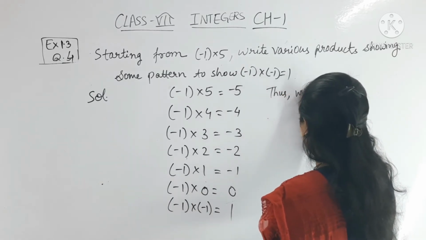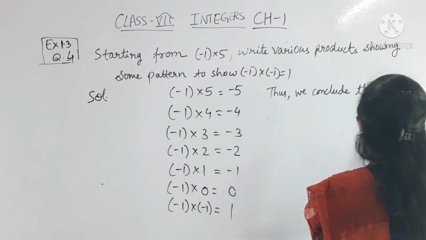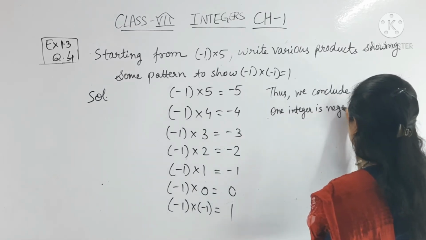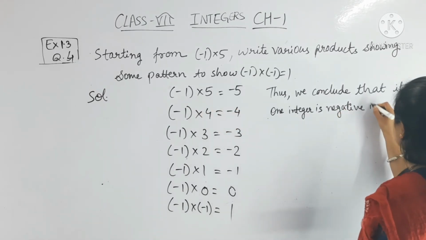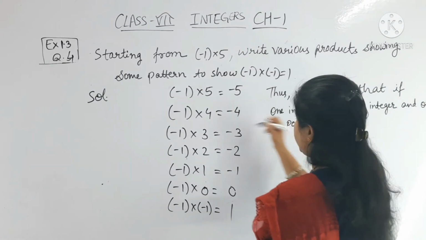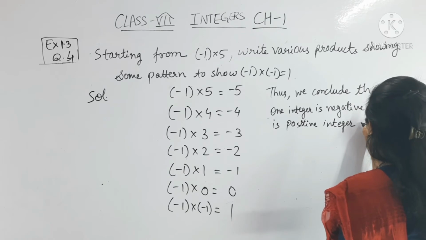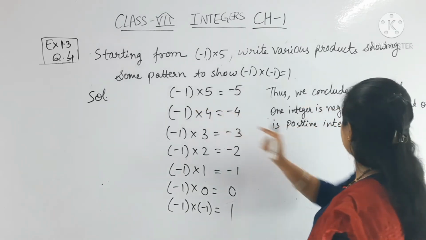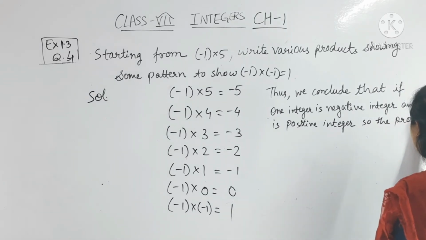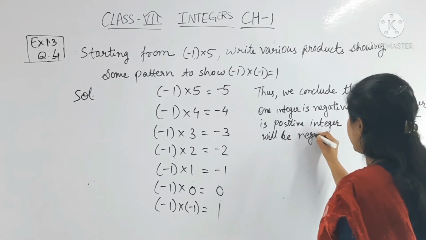Thus we conclude that if one integer is a negative integer and the other is a positive integer, the product will be a negative integer.